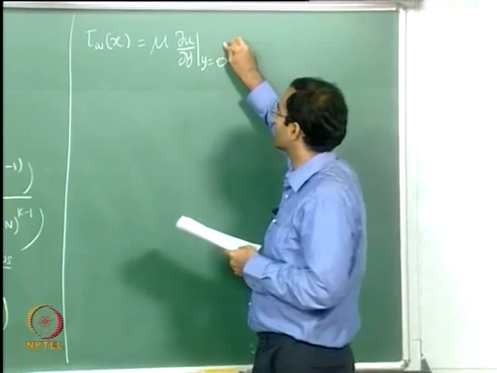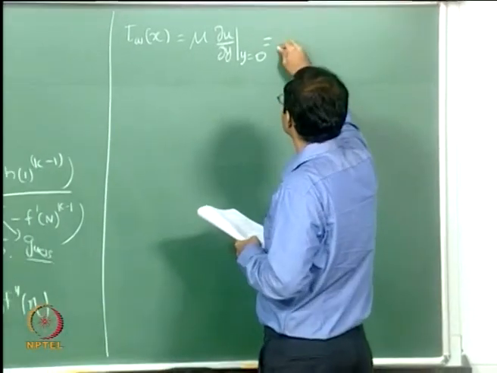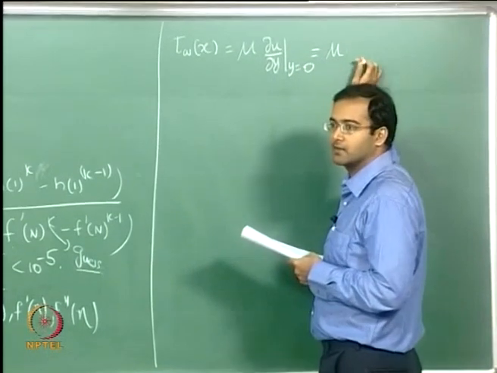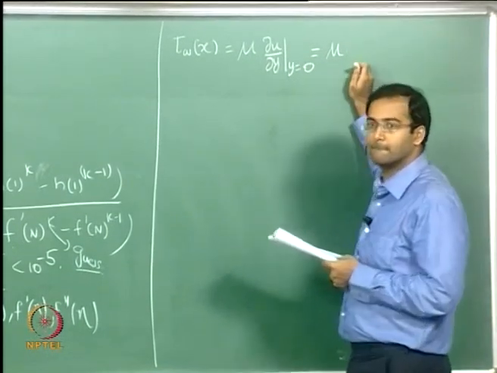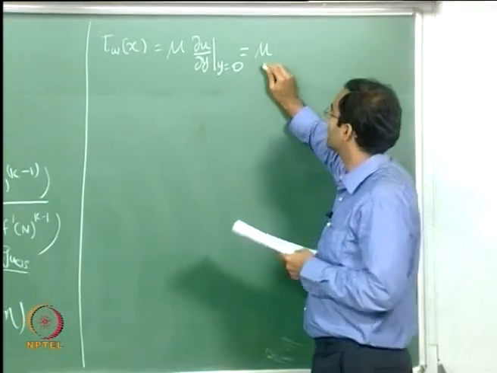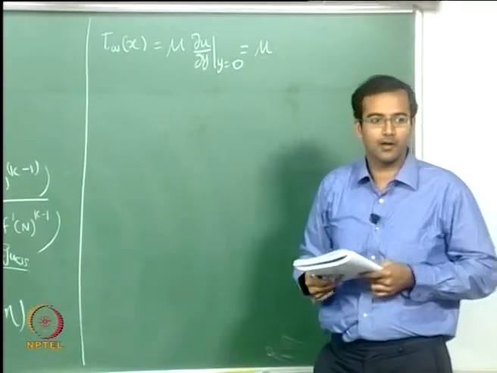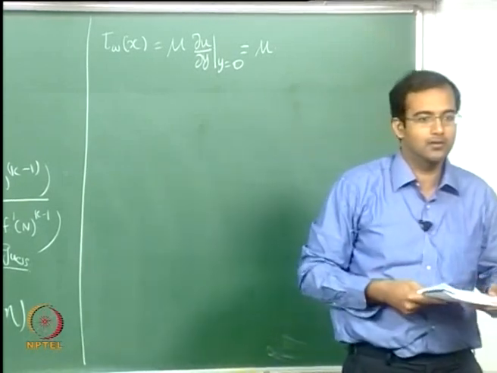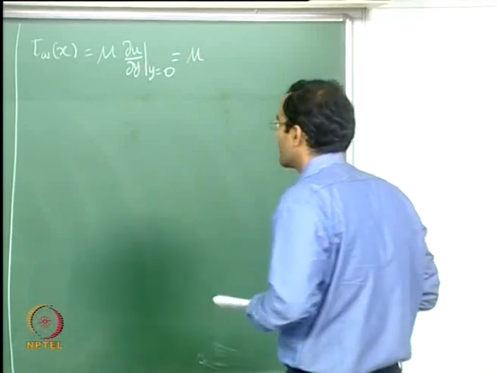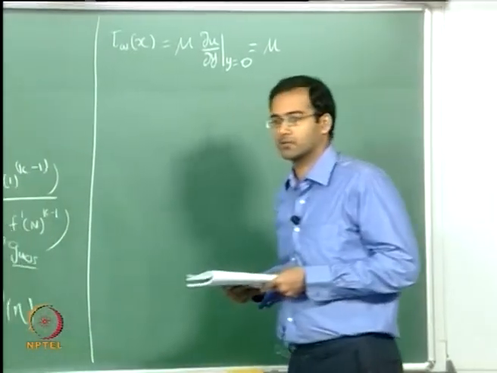Can you tell du by dy in terms of f and eta? I think we have already done this derivation. I don't want to go through the steps, so please look into your earlier class notes and tell me the final expression.